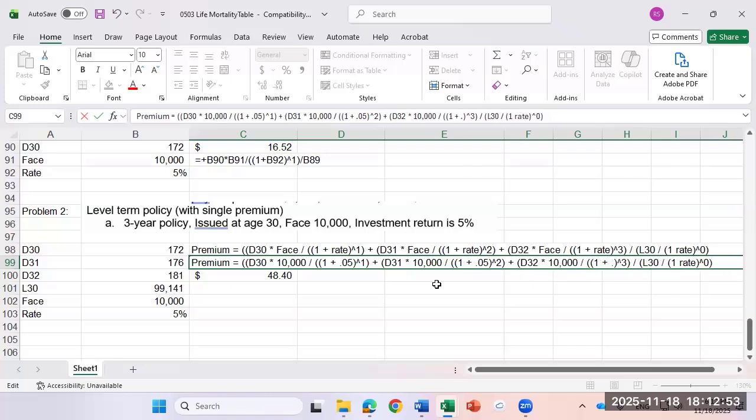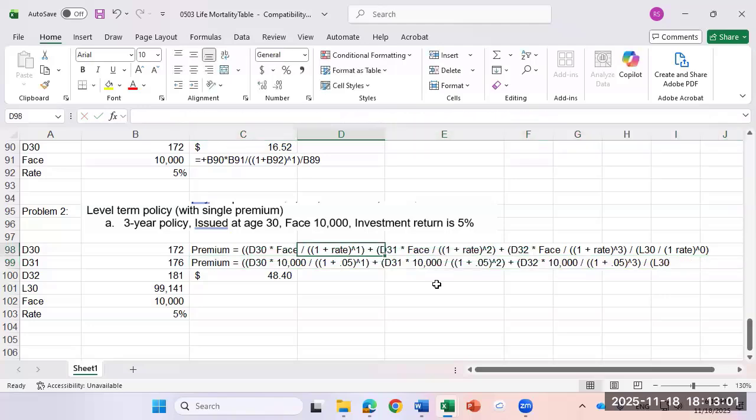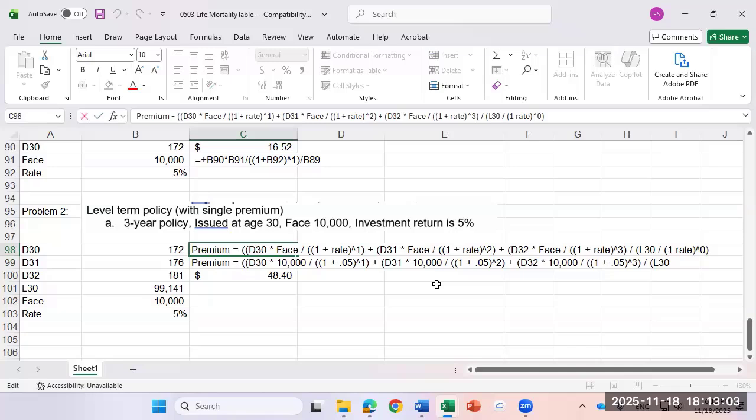You don't have to do it to the rate to the 0 because that's just 1. So on the exam, you write that.